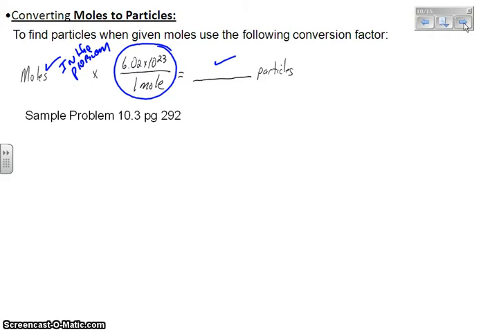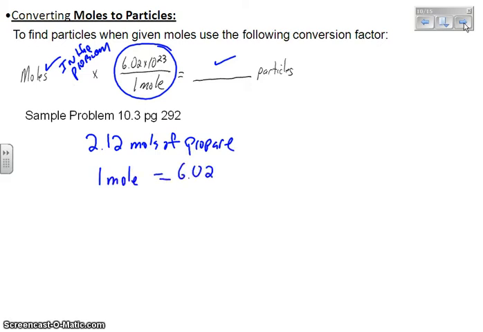Okay, propane is a gas used for cooking and heating. How many atoms are in 2.12 moles of propane? C3H8. All right? So, what do we know? We know that there are 2.12 moles of propane. And we know that 1 mole of propane is equal to 6.02 times 10 to the 23rd.